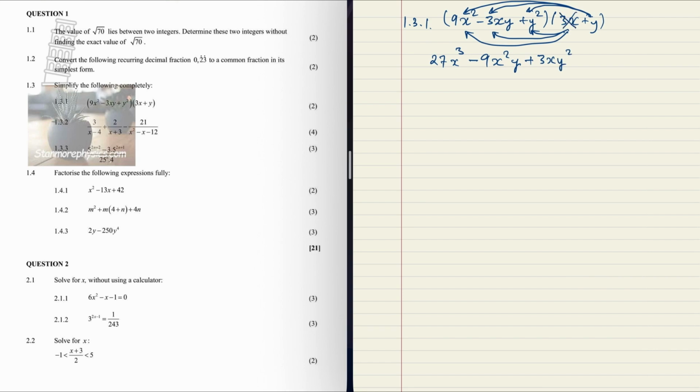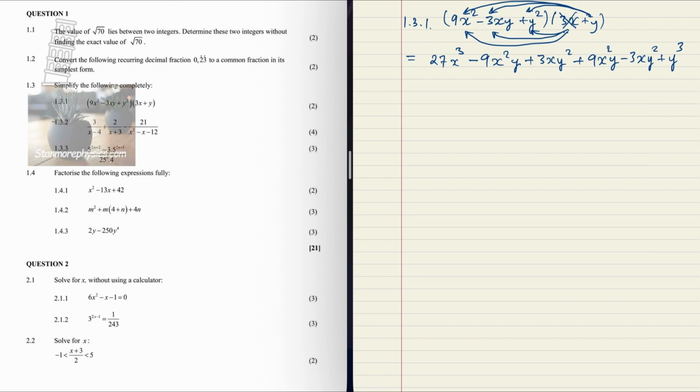So that's done. I can start multiplying the y. So y times 9x squared is positive 9x squared y. Then y times minus 3xy is minus 3xy squared. And lastly, y times y squared is y to the power of 3.